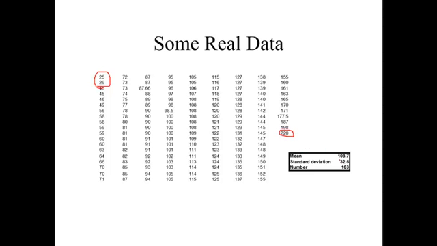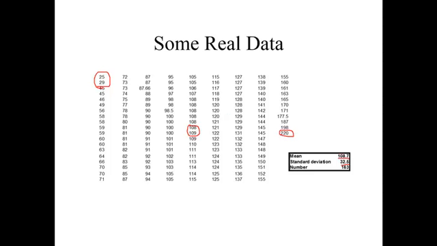Now, this particular data has a mean of 108.7 and a standard deviation of 32.5, and there are 163 data pieces altogether. The mean actually occurs right here, just about the exact middle. The median is the middle, but the mean is the average. Here, the median and the mean are pretty close together.